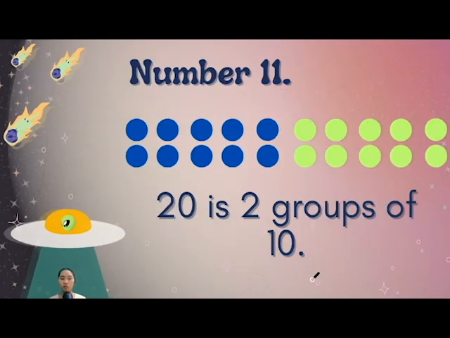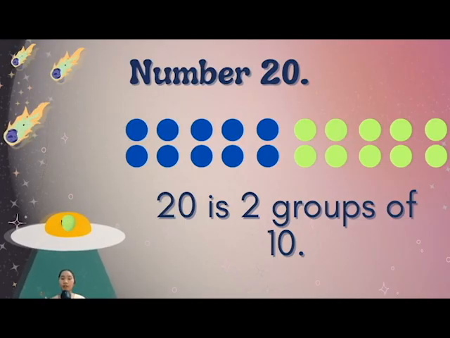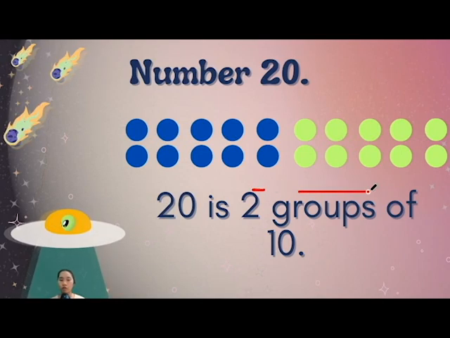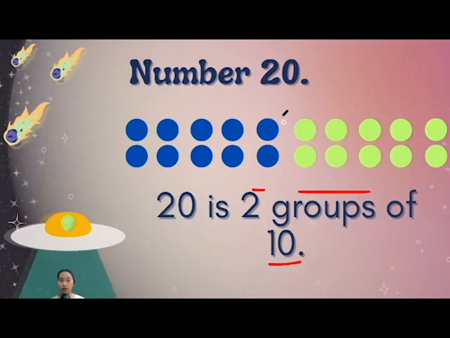Moving on to the number 20. The number 20 is a bit easier than the number 11, believe it or not. It is simply two groups of 10. So I have one group of 10 here. 1, 2, 3, 4, 5, 6, 7, 8, 9, 10, and then another group.